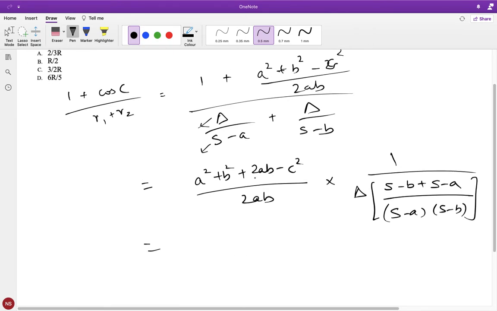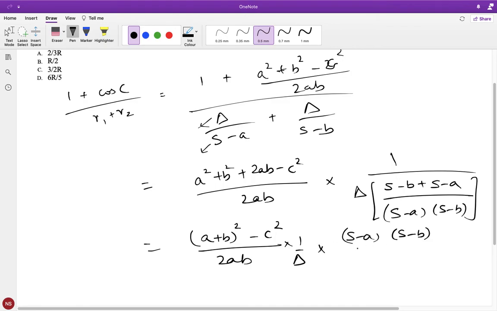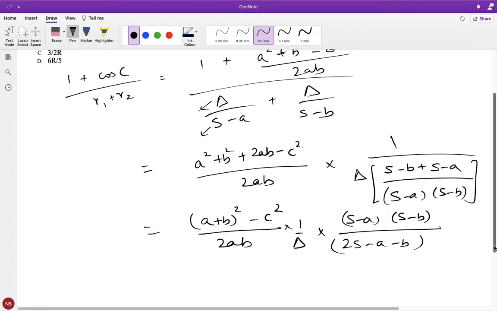A square plus b square plus 2ab can be written as a plus b whole square. And 1 by delta, and s minus a into s minus b will go in the numerator. 2s minus a minus b.